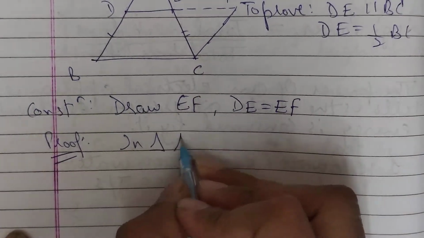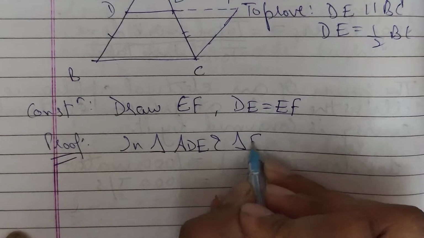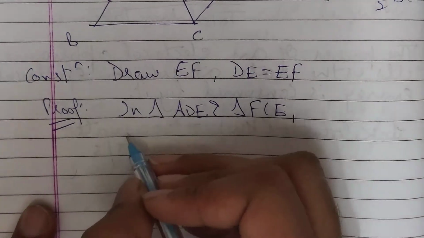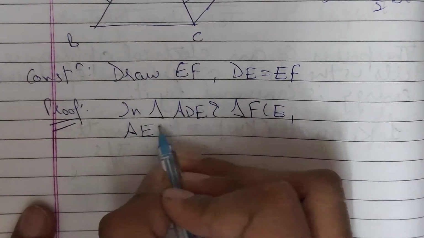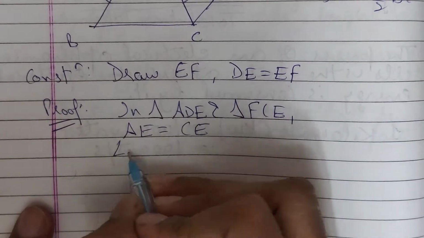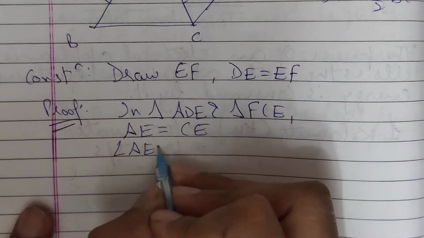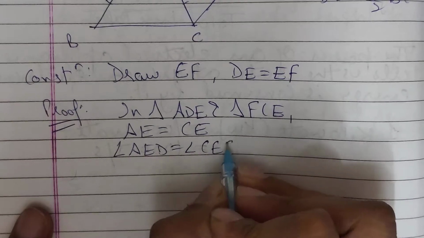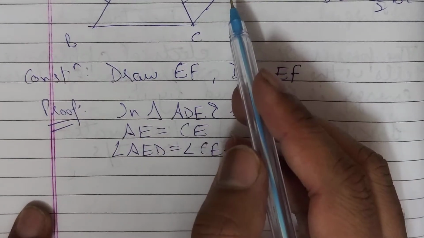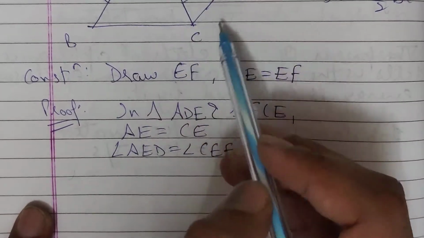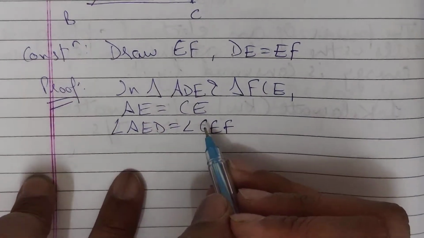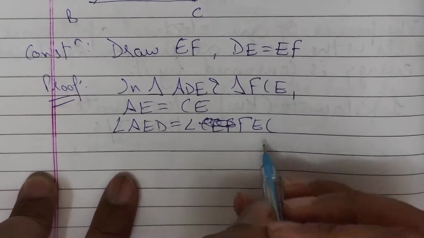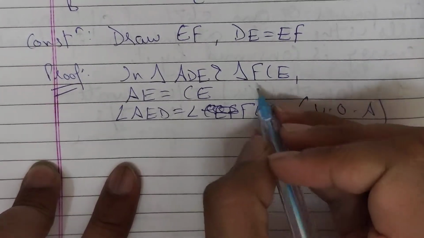In triangle ADE and triangle FCE, we know that AE is equal to CE, since E is the midpoint. Angle AED is equal to angle FEC, vertically opposite angles.